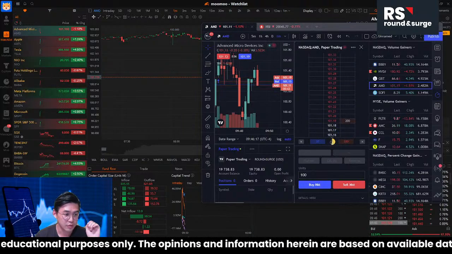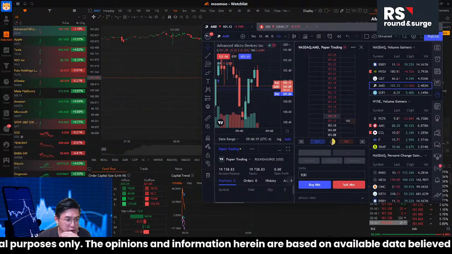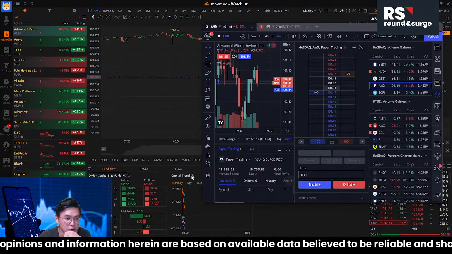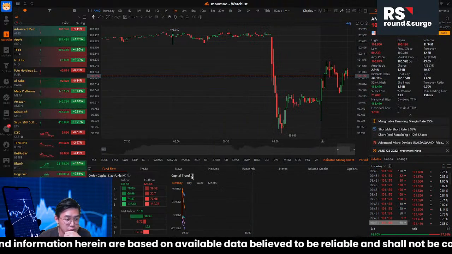Oh, the price is still going down. So it's more like the large flow, the large capital block, is showing.